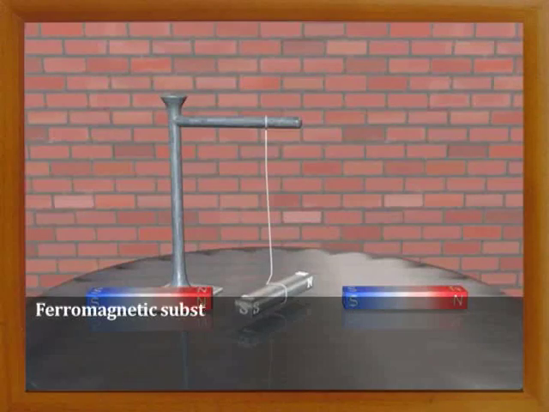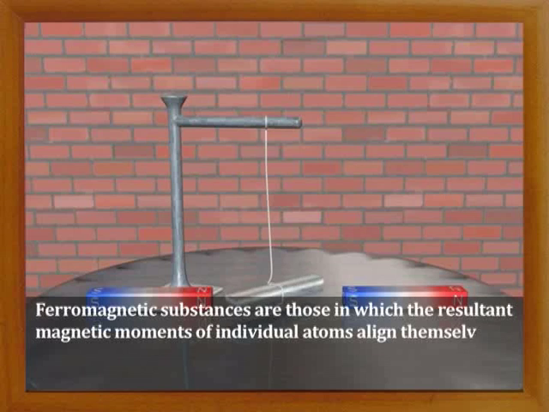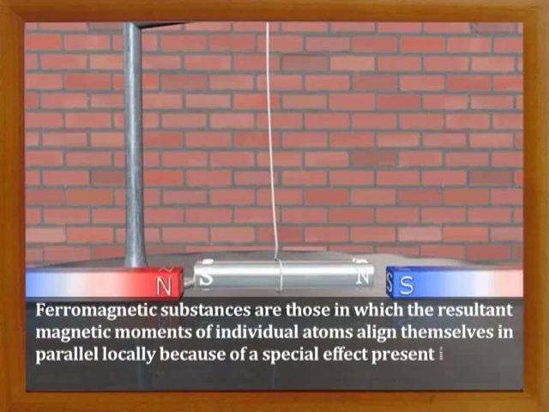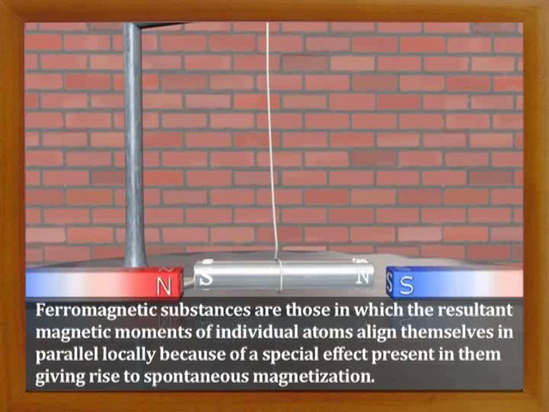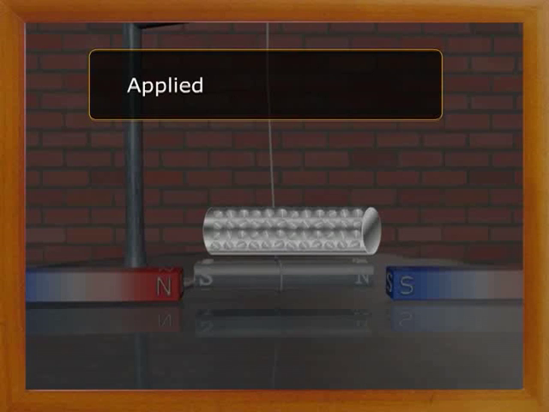Ferromagnetic substances are those in which the resultant magnetic moments of individual atoms align themselves in parallel locally because of a special effect present in them, giving rise to spontaneous magnetization. In a ferromagnetic substance like an iron rod, there is always some amount of intensity of magnetization even though the applied magnetic field is zero.